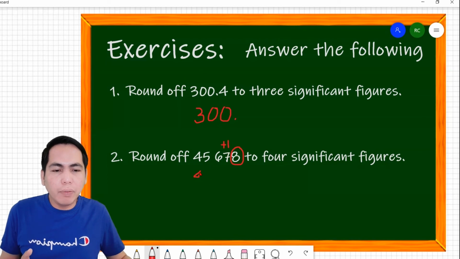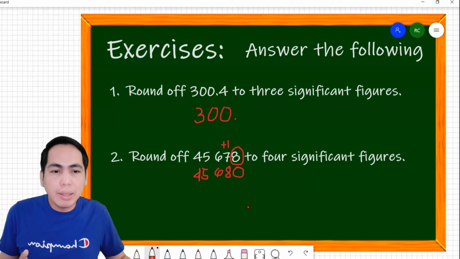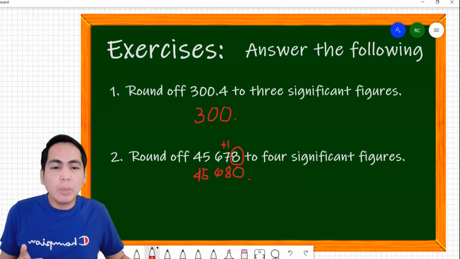So we'll have 45,680, and this 8 will be replaced with 0. So 45,680 without the decimal point will give us 4 significant figures only. The moment we put here a decimal point, it will give us 5 significant figures.